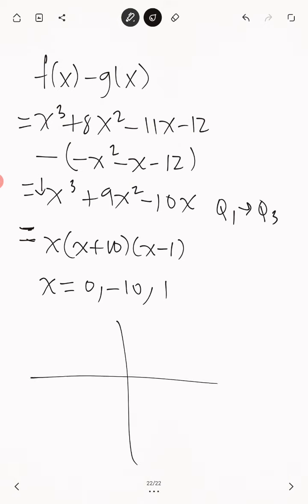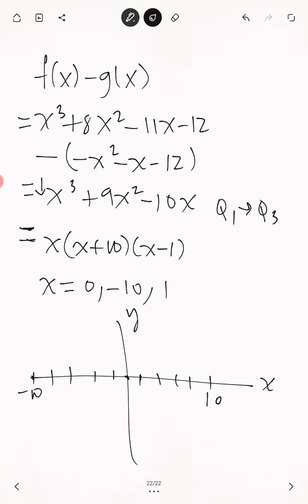And we make a quick sketch of this. So again, I'm going to do 2's on the x-axis. And so 0, 1, and negative 10 for my x-intercepts here.